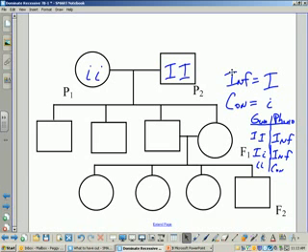So which one do you want to do with 2 caps? So let's do the 2 caps for Dad. So what's Mom going to be? 2 lowercase. Lowercase i's are awesome. They're better than capital I.